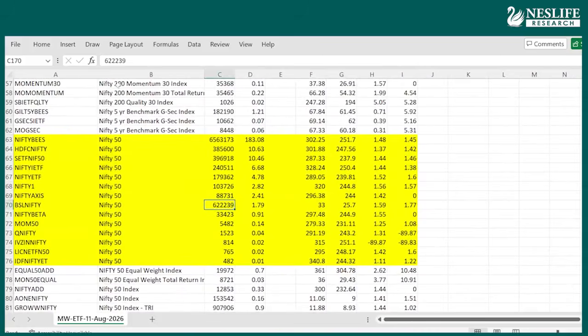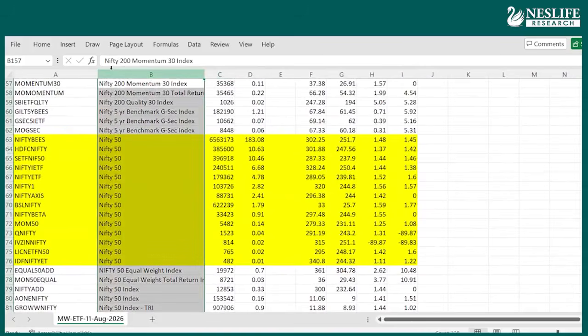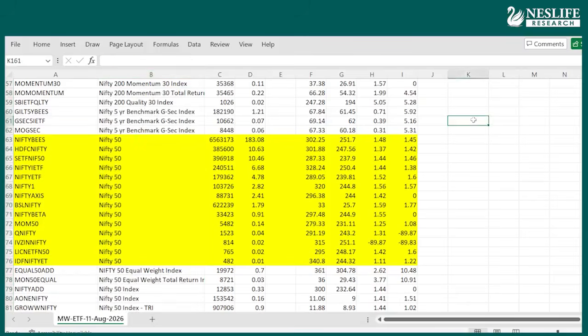What is the category? So index represents the category. First, the category, that is equity and index. Then AUM. We can find AUM on the ETF mutual fund website or AMFI, both. Then liquidity. So okay, category, AUM, liquidity.